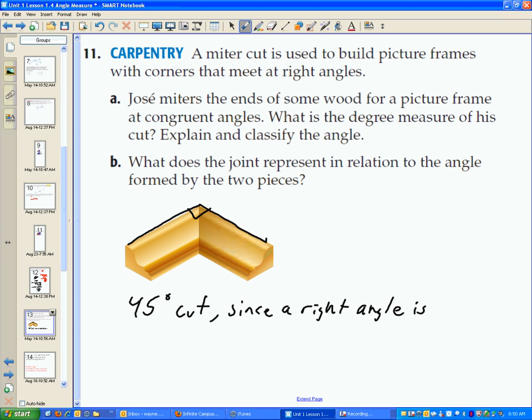So that's a 45-degree cut, and we're supposed to explain: since a right angle is divided into two congruent angles. And we called it a right angle, so that was our classifying as well. So we explained and we classified at the same time.